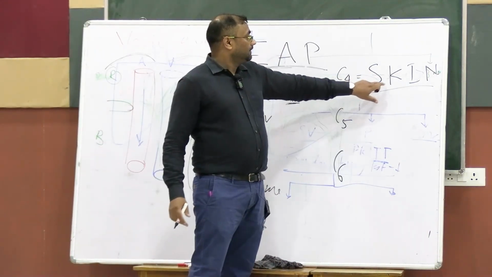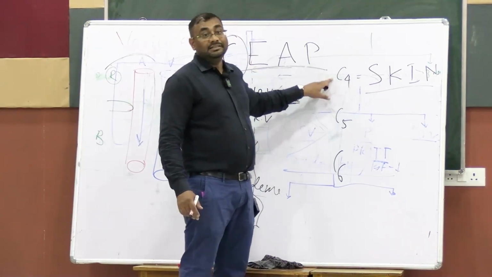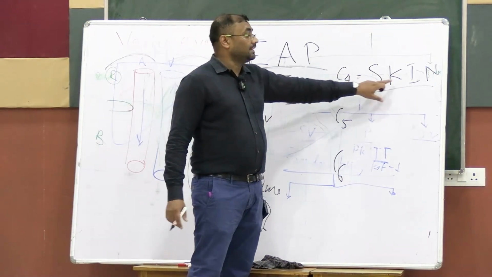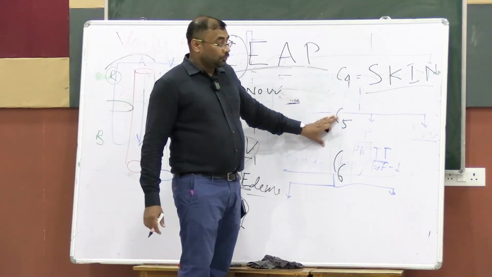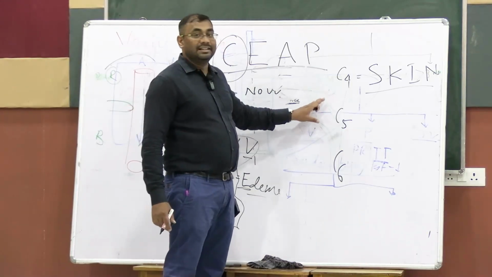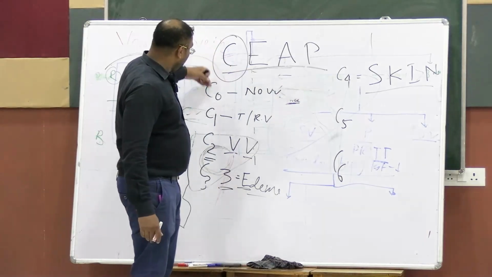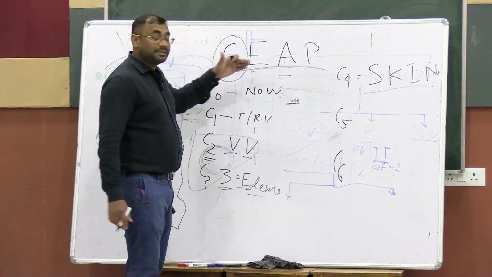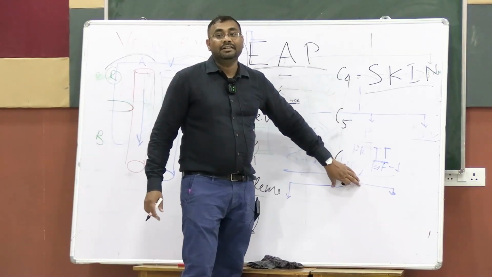C4 is a 4-letter word: skin changes come under C4. C4 skin changes. Now we have two things, ulcer. One is a healed ulcer, one is an active ulcer. Which one will be the healed ulcer? C5. This is more serious, no? We are going from C1 to C6, so the symptoms are aggravating. So C5 will be a healed ulcer, C6 will be an active ulcer.